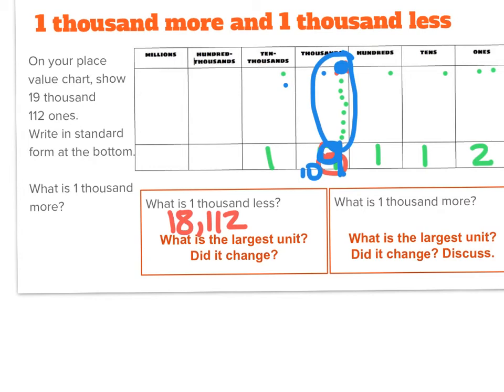So now I'm left with 2 thousands. I cashed in all my thousands, so that's a 0. And I still have 112 ones left. That has not changed. So this time, my 10,000s did change. It went up because I had enough thousands to bundle together and make another 10,000.